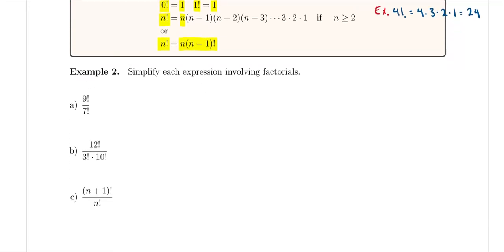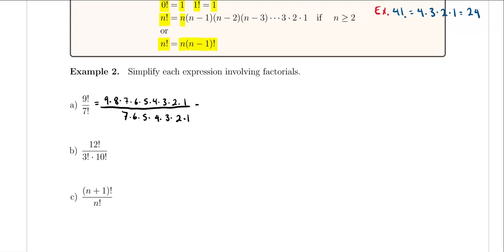The first example is asking us to figure out what 9 factorial divided by 7 factorial is. In order to get more familiarized with factorials, I'm going to expand this out. 9 factorial is the same thing as 9 times 8 times 7 times 6 times 5 times 4 times 3 times 2 times 1, divided by 7 factorial, which is 7 times 6 times 5 times 4 times 3 times 2 times 1.